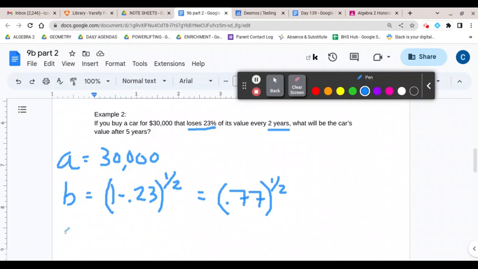What's going to be the car's value after 5 years? Well, the 5 years, that's our X. And so what we will type in here is we're going to do 30,000 times 0.77 to the 1/2 power.